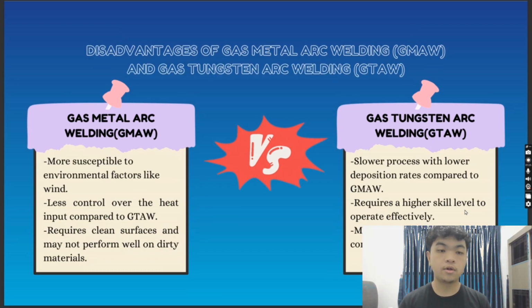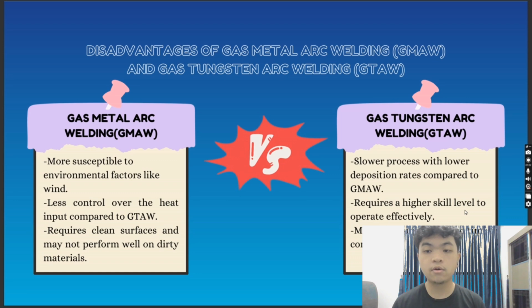Next, we're going to talk about the disadvantages of gas metal arc welding, GMAW, and gas tungsten arc welding, GTAW. The disadvantages of GMAW: it is more susceptible to environmental factors like wind, it has less control over the heat input compared to GTAW, and it requires clean surfaces and may not perform well on dirty materials.